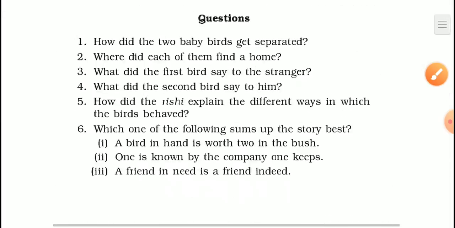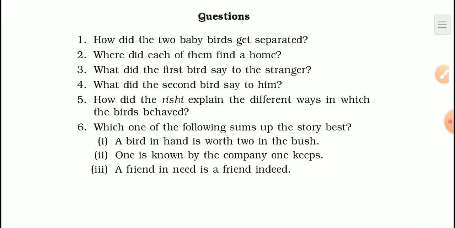So, how would you write the answer? The two baby birds got separated in a very big thunderstorm in which their mother was killed. The birds were blown away by the strong wind and thus they separated.